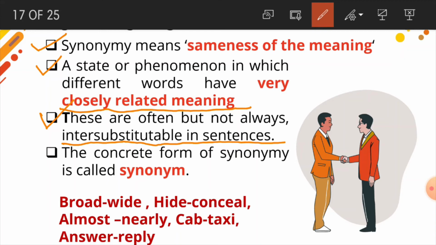There are many occasions when one word is appropriate in a sentence but its synonyms would be odd. And the concrete form of synonymy is called a synonym. The examples are broad and wide, hide and conceal, almost and nearly, cab and taxi, answer and reply.